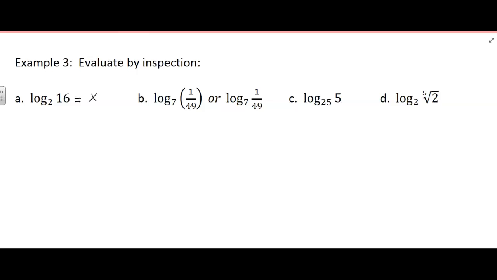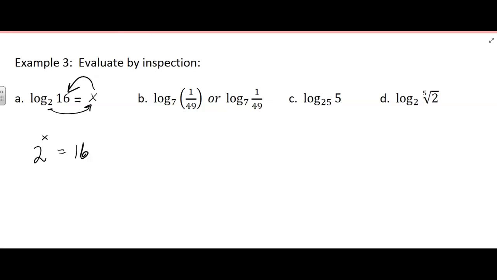That's what I'm trying to figure out. Then I can write it in exponential form. So I'm going to say 2 to some exponent, that's what I don't know, equals 16. So I just set it equal to x or whatever variable you like, and then I write it in exponential form. That's a little bit easier for me to see.